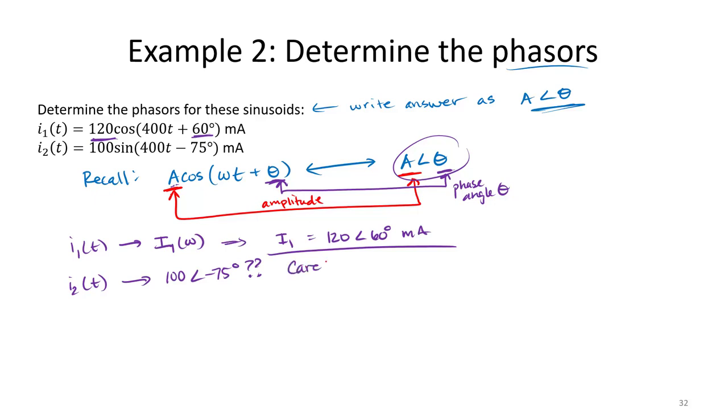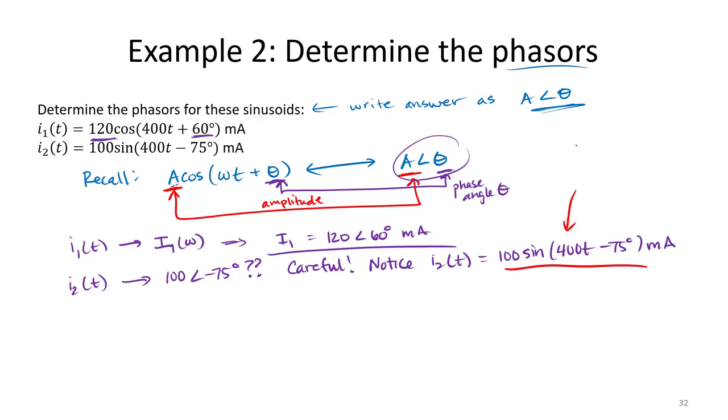Careful. Notice I2 of t is equal to 100 sine 400t minus 75 degrees. We need to convert sine to cosine first.